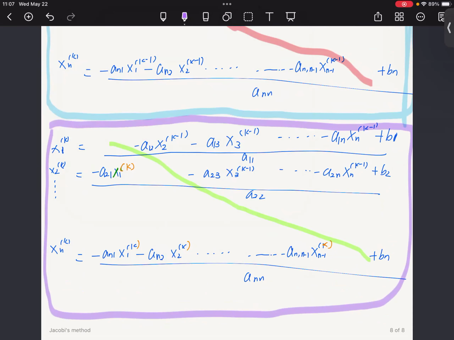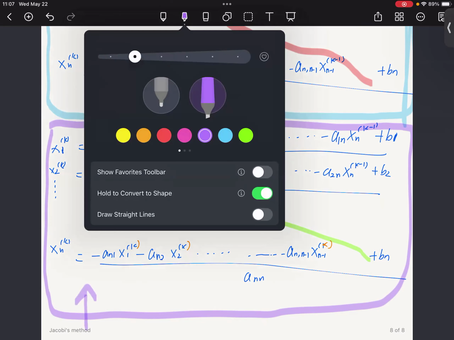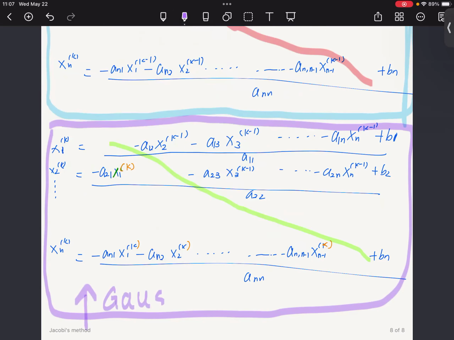As you can compare to what we have above, we just change the superscript here from k minus 1 to k, which means that this is the updated value in the formulas. And this is the Gauss-Seidel method.